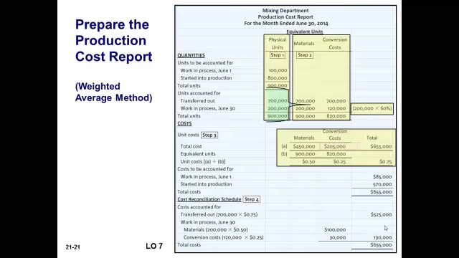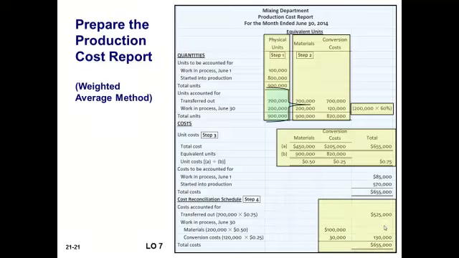And bringing in the EU calculations for each category from the previous step 2, the 900,000 units for materials and the 820,000 units for conversion, to allow for the respective unit costs of 50 cents and 25 cents to be computed. These unit costs are then used to complete step 4, which is the actual assignment of costs to the ending statuses.